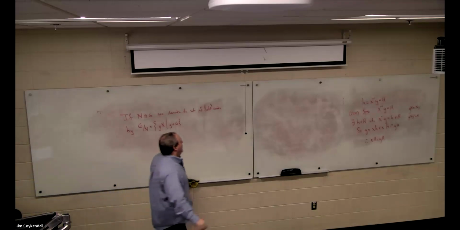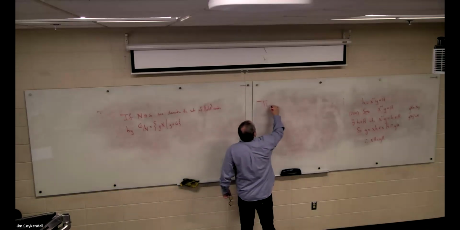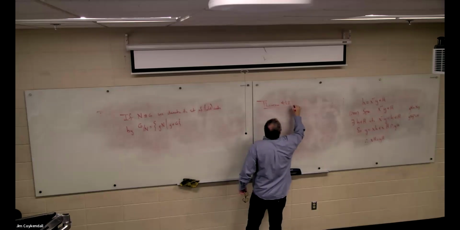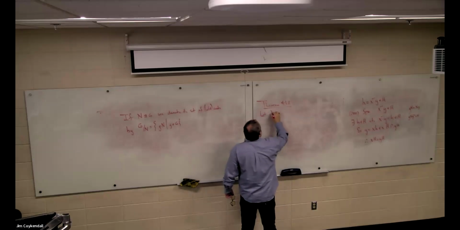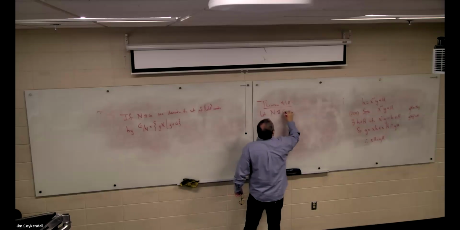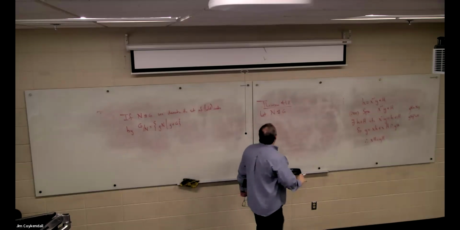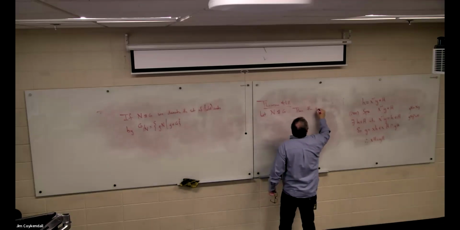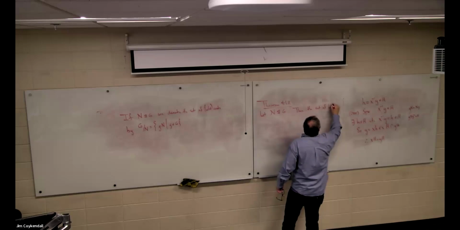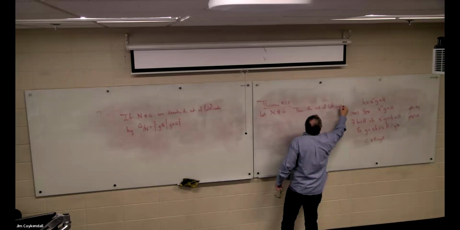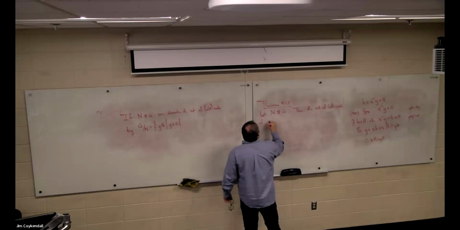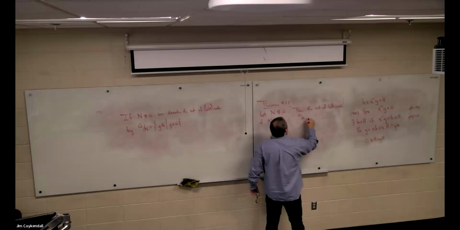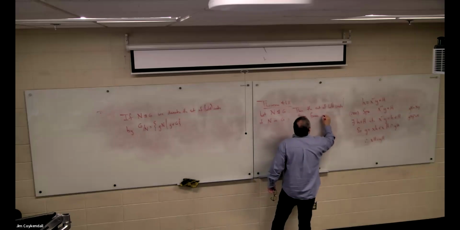Theorem 1.11. Let N be a normal subgroup of G. Normality, very important. Then the set of cosets of N in G forms a group.